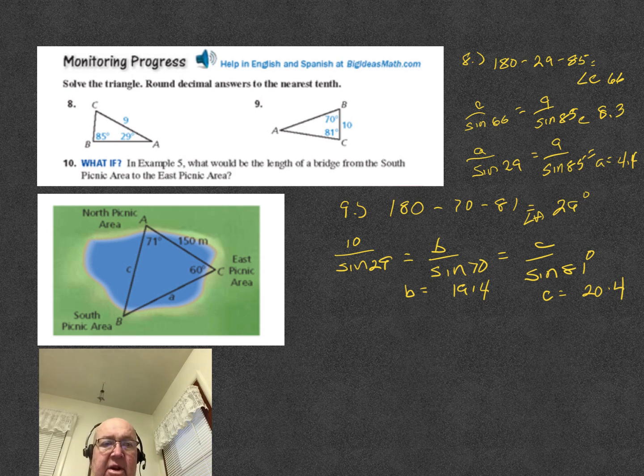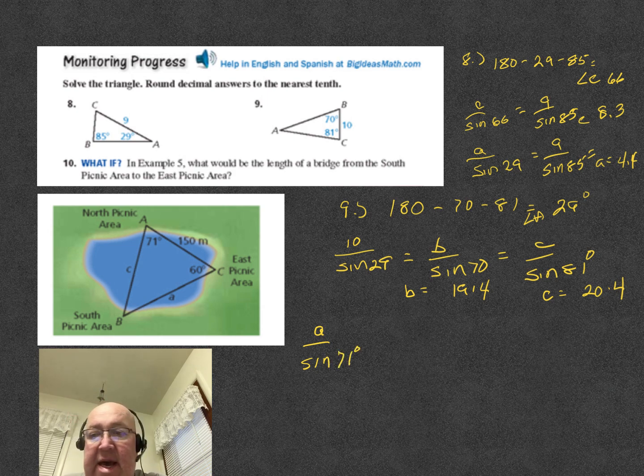And now looking at our problem here, we're going to switch up the picnic area, and instead of finding from the north to the south, we're going to find from the east to the south. So we're going to be looking for the measure of A, and the angle A is going to be 71 degrees.